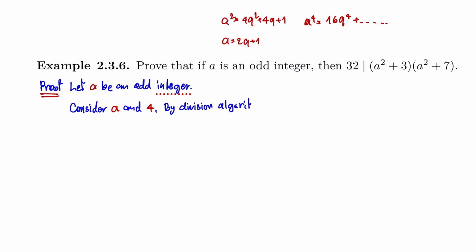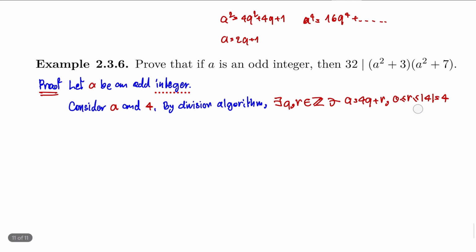By the division algorithm, there exist integers q and r such that a equals 4q plus r, where r is greater than or equal to 0 and less than the absolute value of 4, which is 4. It must be less than the divisor.